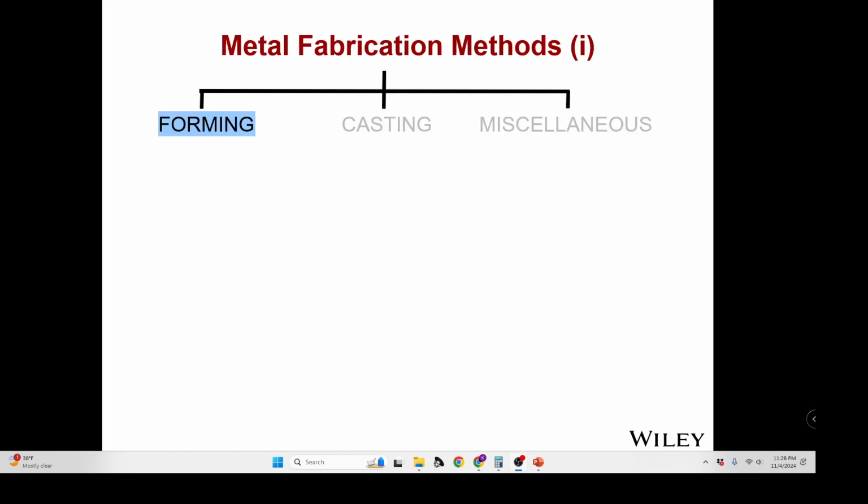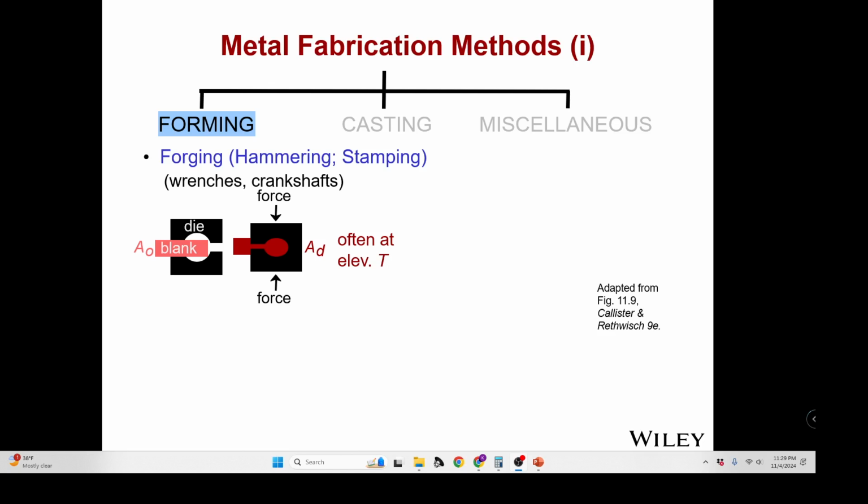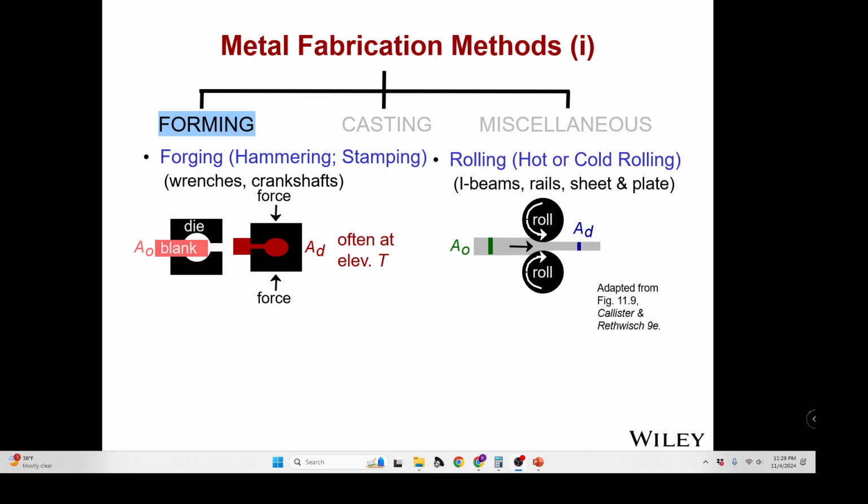Some of these methods, including on the forming side, are hammering and stamping. We've seen some of these examples where you have a blank, you have a die, the force is applied, and it smashes the material into that geometry. You have rolling, hot or cold, depending.